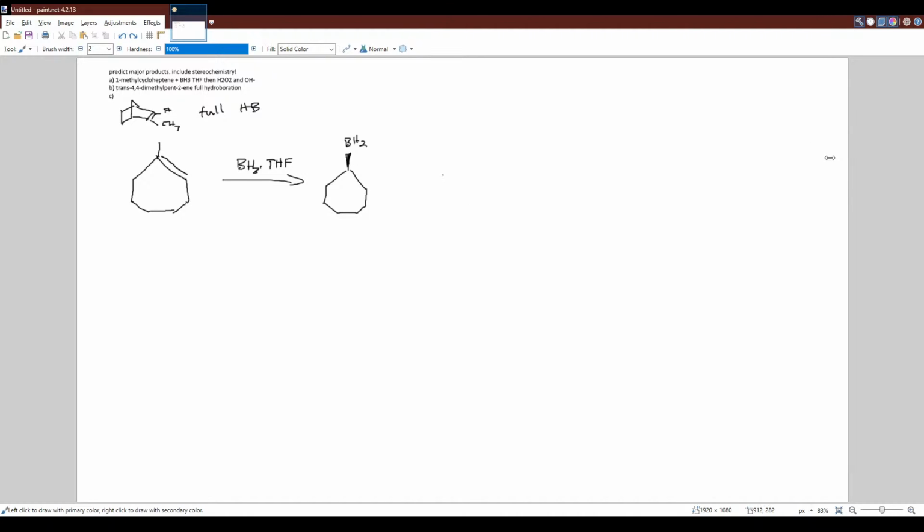That is the wrong reaction. It could either be like this, where we have the methyl like that and the BH2 like this, and they have to be trans to each other because we're adding syn. The hydrogen that's added is syn.